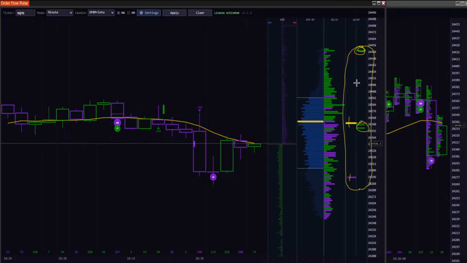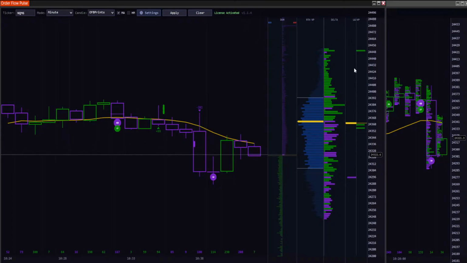Just very small. What are you missing? You're missing real participation from banks, institutions, market makers. That's what you're missing. And if they're not willing to play, then why are you willing to click that button?